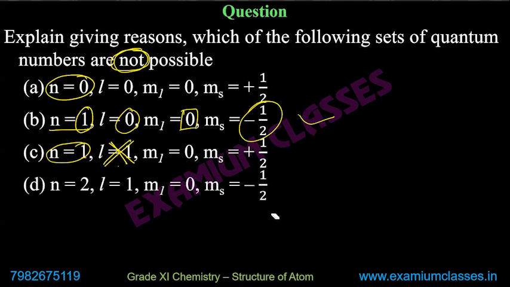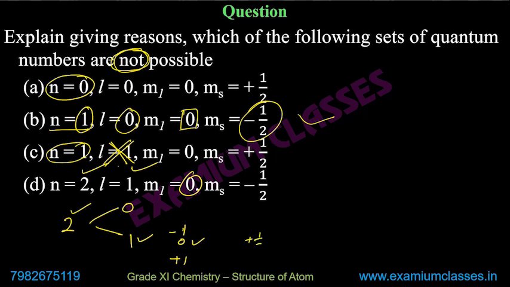Next one. For n equals to 2, there can be two possible values of the subshell, 0 and 1, means S and P. So 2 is there, 1 is there, it means it is possible. Within 1, you can have 3 orbitals, -1, 0, +1. So 0 is there. Within 1, 0 is there. And this 0 can have +½ and -½ both.